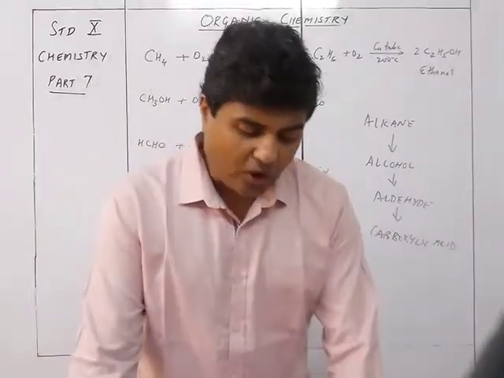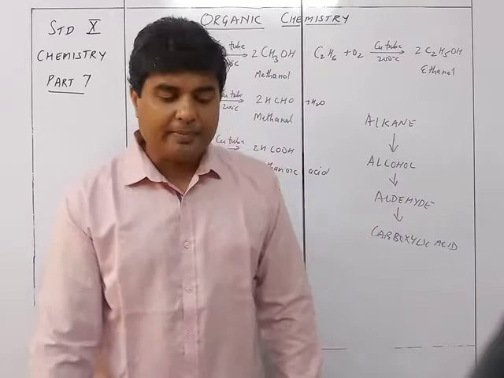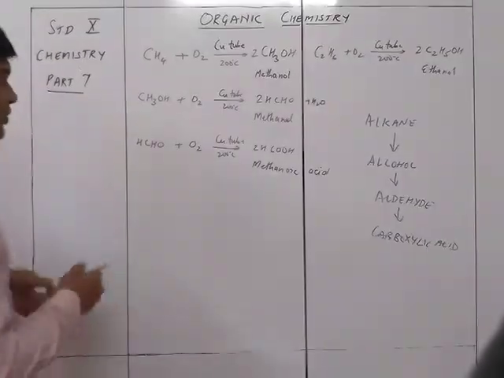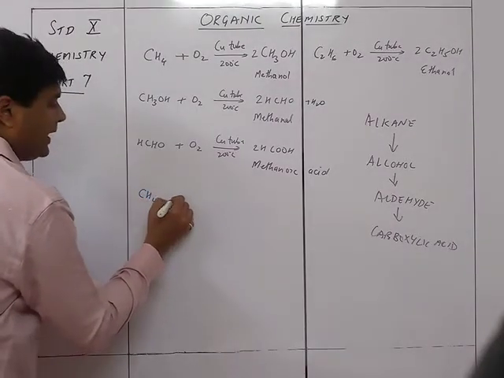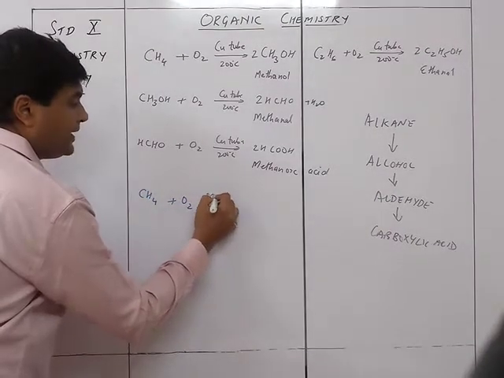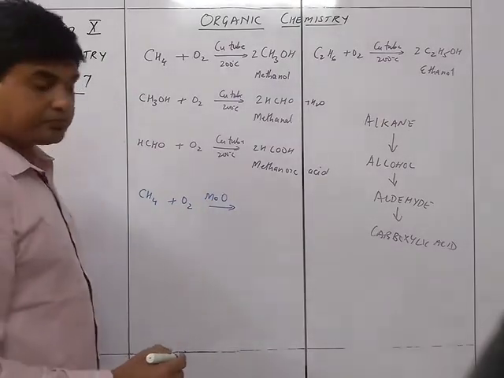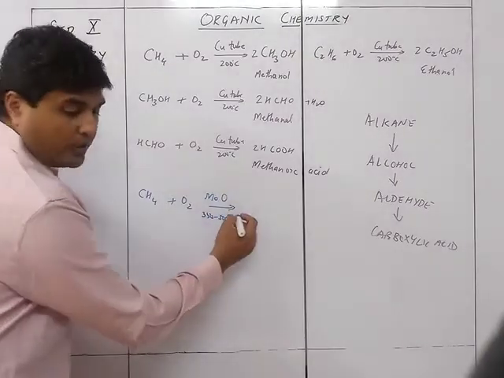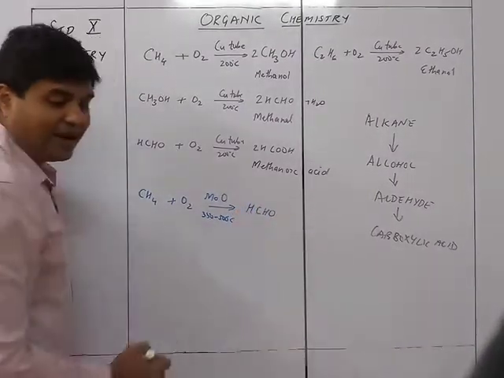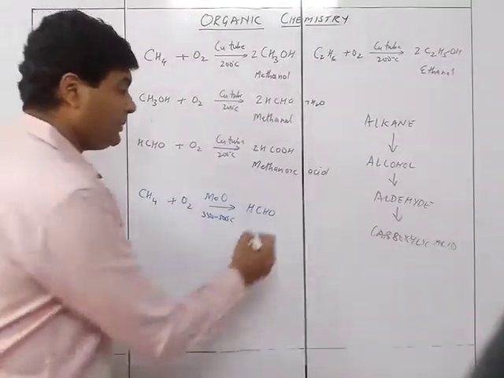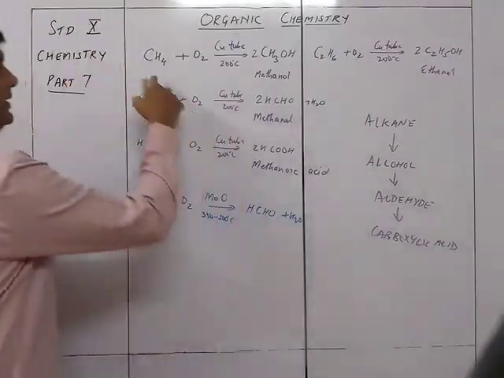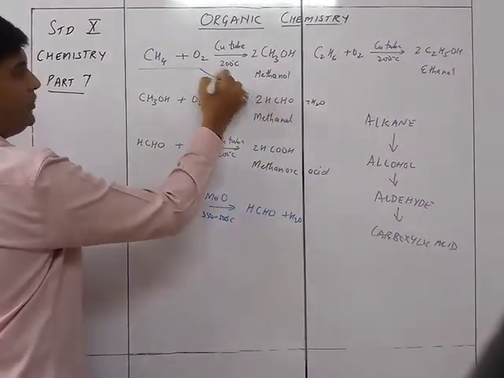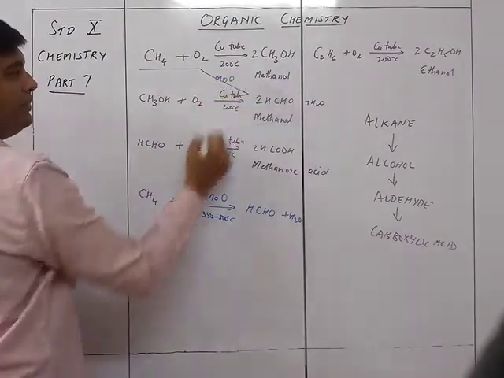Now the same thing, if instead of copper I have molybdenum oxide as the catalyst, using CH4 and O2 with molybdenum oxide at 350 to 500 degrees Celsius, I am going to get HCHO, that is an aldehyde, directly, plus water. So from here we get this directly if we are not using copper but molybdenum oxide.